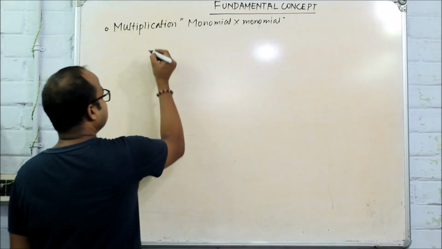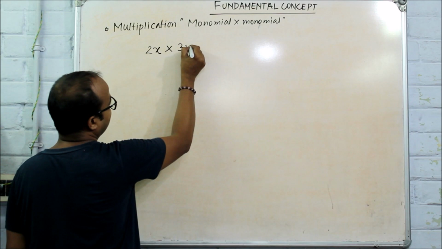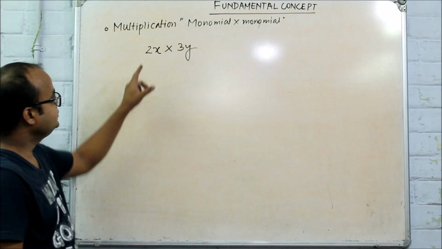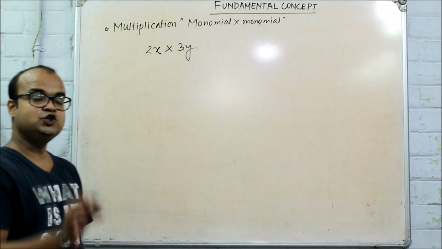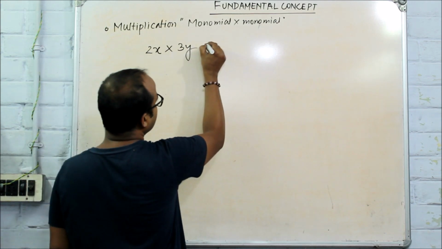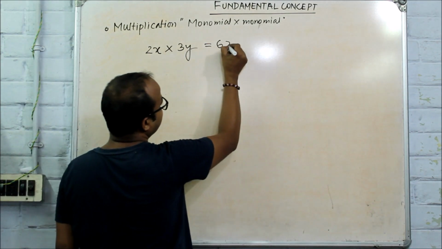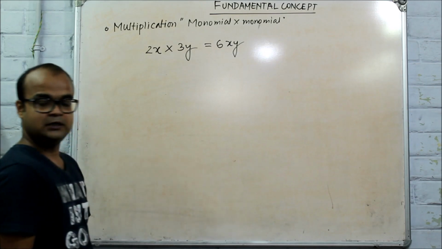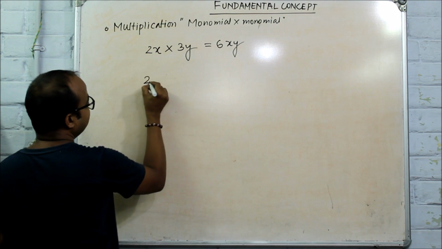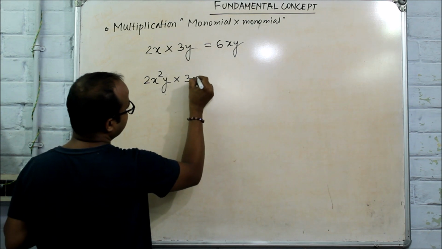Now suppose you need to multiply 2x multiplied by 3y. First we need to multiply the numerical coefficients, that is 2 into 3 is equal to 6. x into y is equal to xy. Clear? For one more example, suppose it is given as 2x square y into 3x square z.